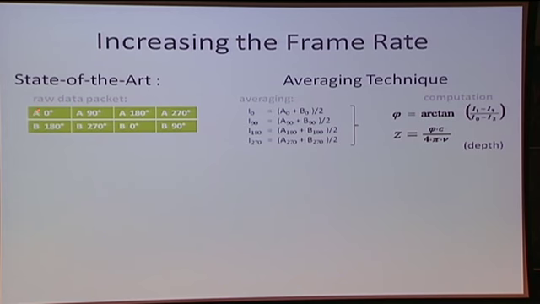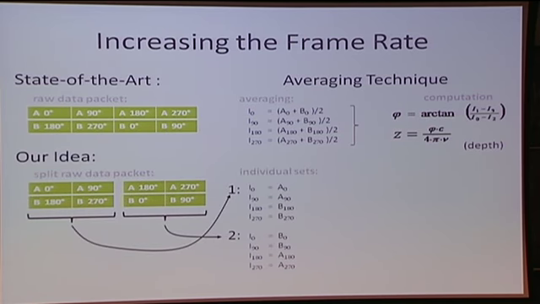While tap A acquires a sample at 0, 90, 180, and 270 degree, tap B acquires a sample at 180, 270, 0, and 90 degree. And then samples describing the same angle theta, so for instance A 0 degree and B 0 degree, are averaged, and these averaged samples are then used to compute their phase shift and from that the distance.